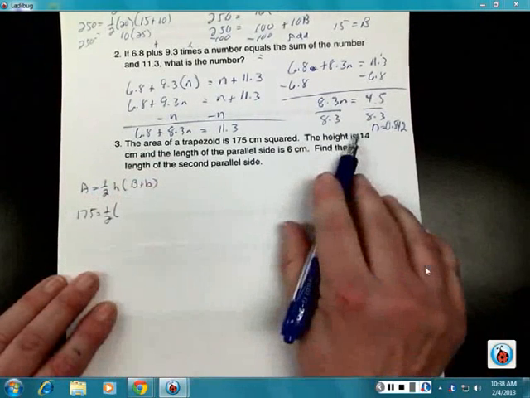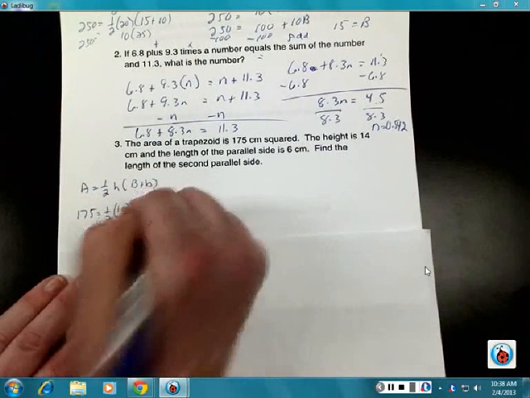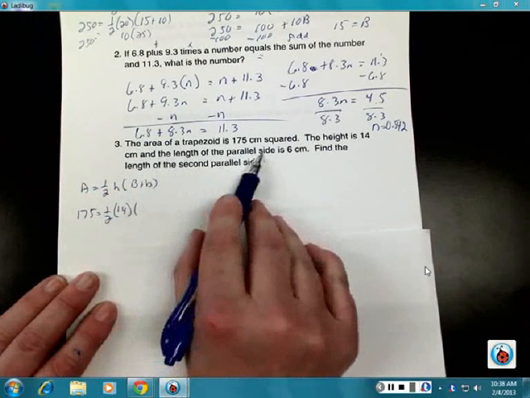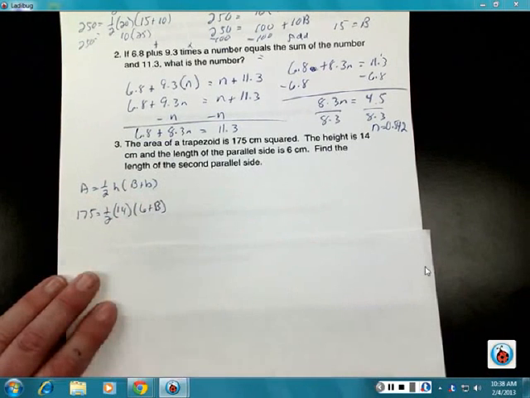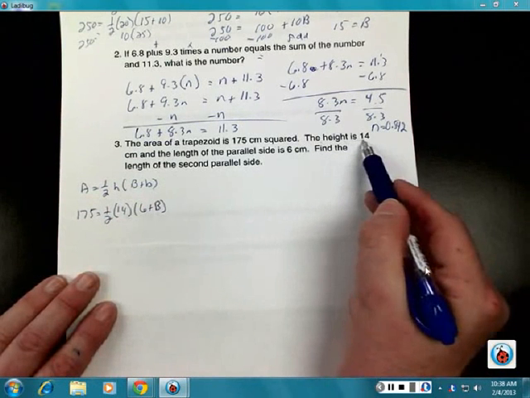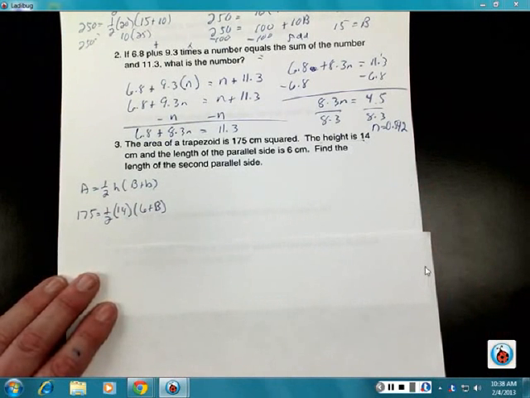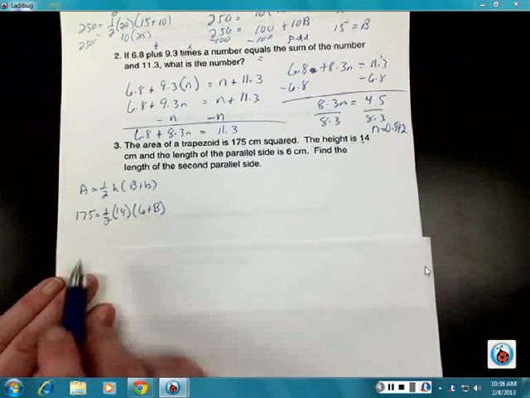It says the height is 14. The length of a parallel side is 6, so 6 plus big B, right up here. Height is 14. It says it right there, smack dab in front of you. Okay, so solve away.